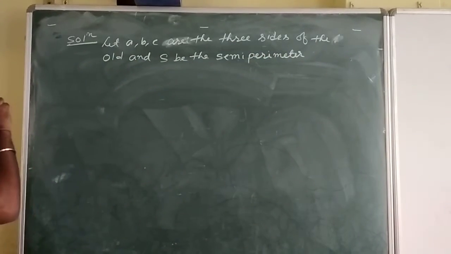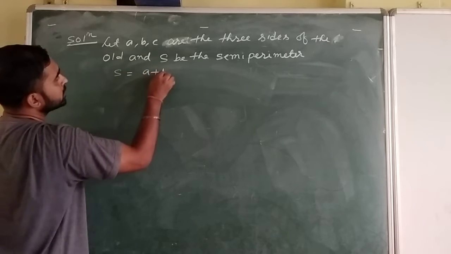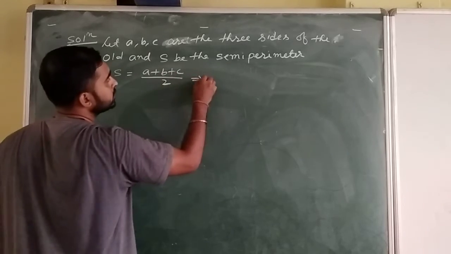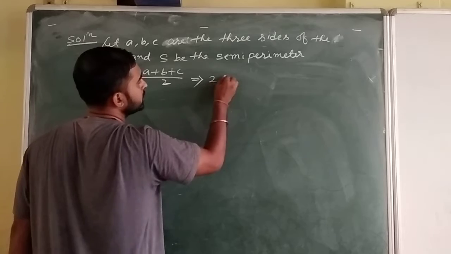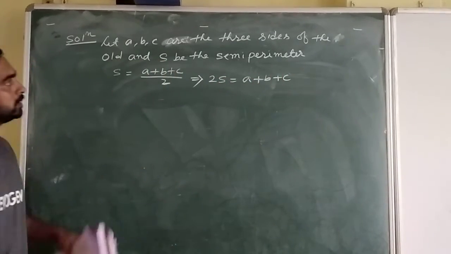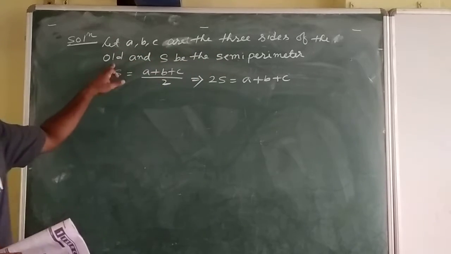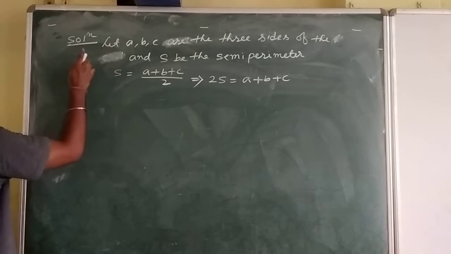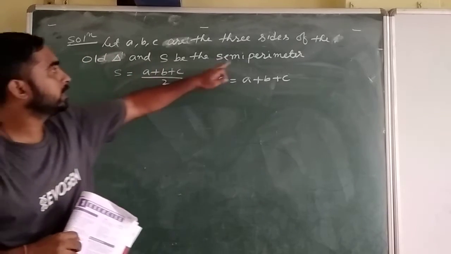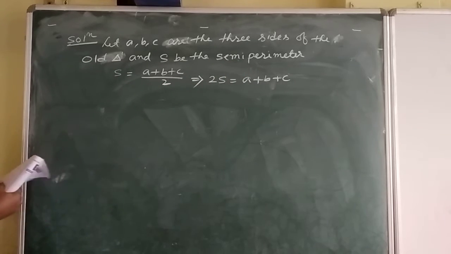So S equals A plus B plus C divided by 2, which implies twice S equals A plus B plus C. So let A, B, C be the three sides of the whole triangle and S be the semi-perimeter. Therefore, S equals A plus B plus C by 2.